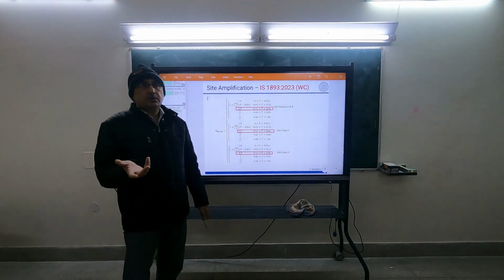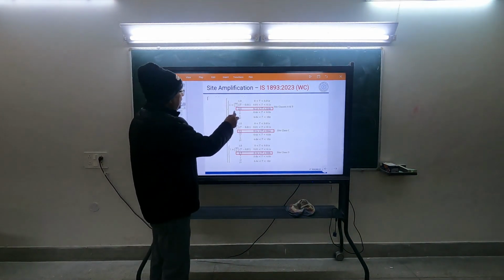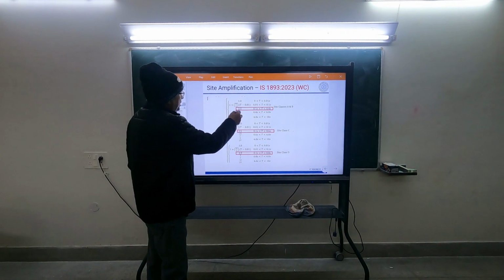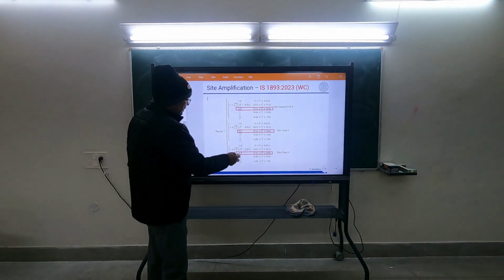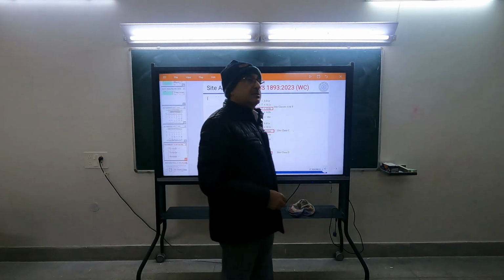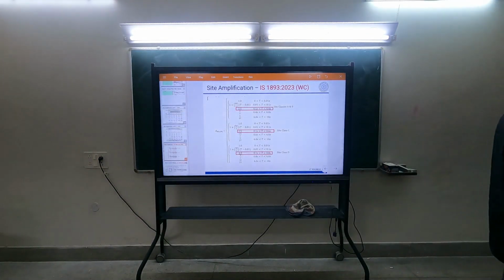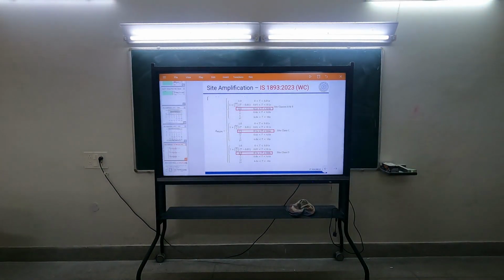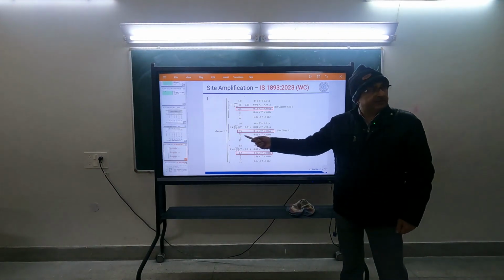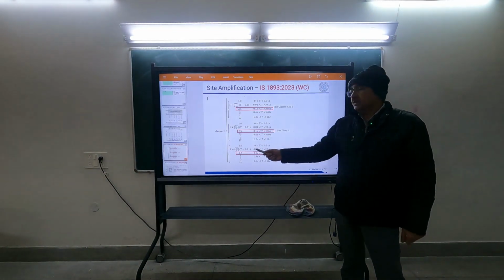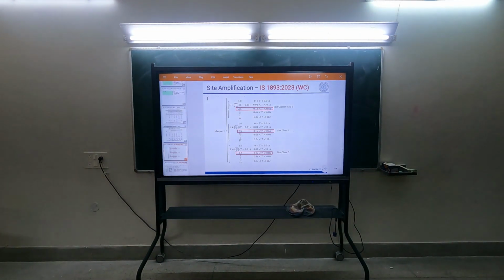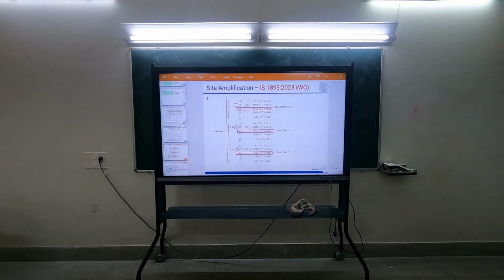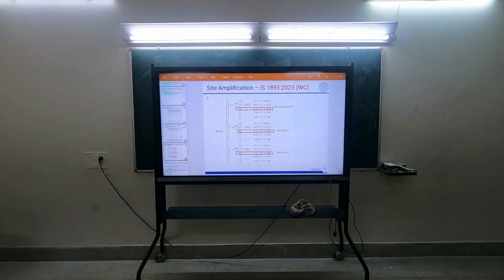So that is our short period range. In long period range, here it is 1 by T, here it is 1.5 by T, and here it is 2 by T. So the amplification factor for site class C is 1.5, and for site class D it is 2. But it is only in the long period range. In short period range, there is no amplification.